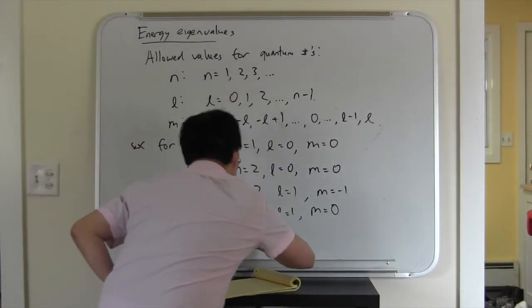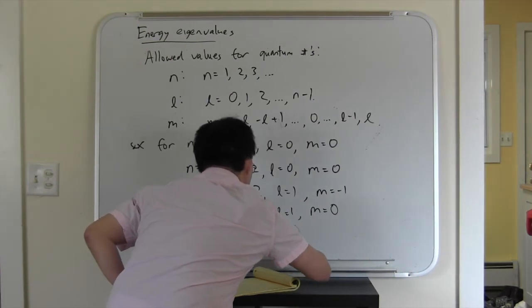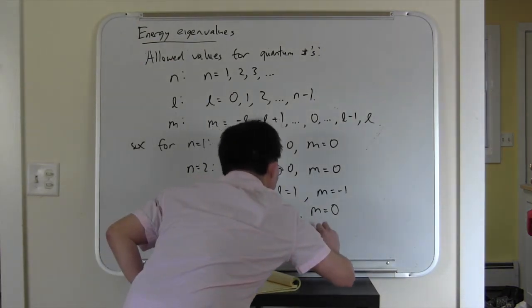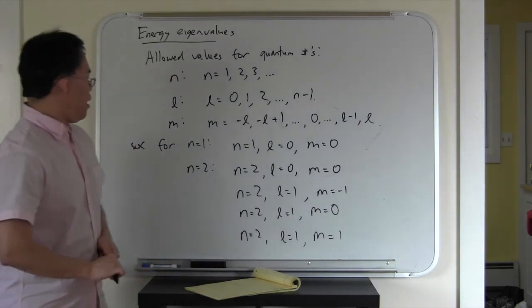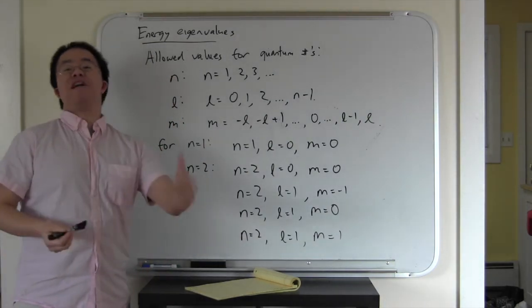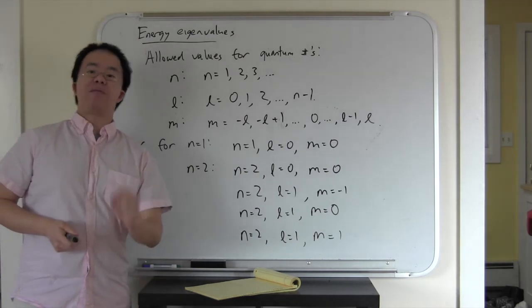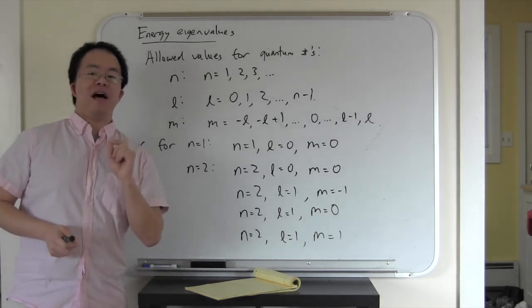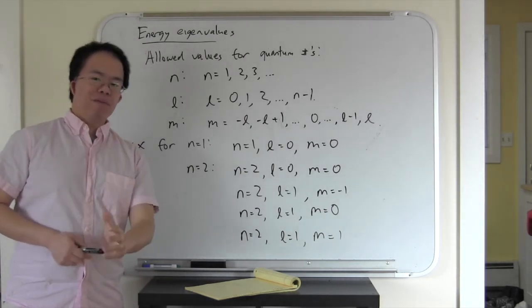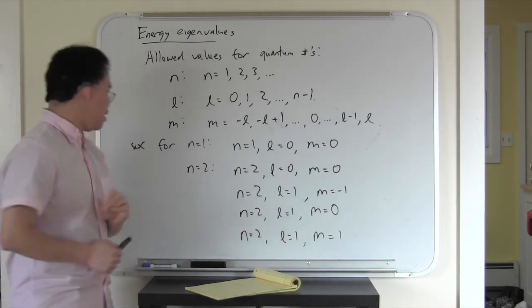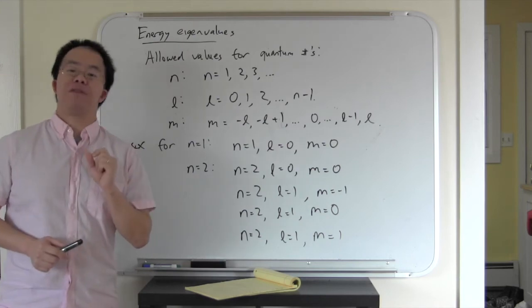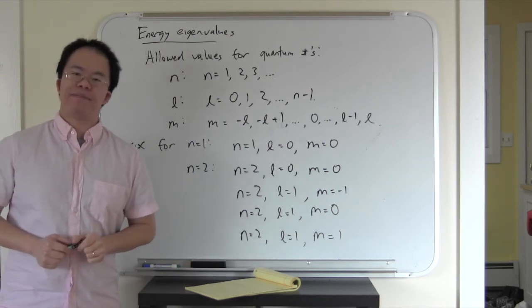And finally, n equals 2, L equals 1, and m equals plus 1. Okay, so I think you sort of see how this pattern goes. Just to be sure we're on the same page, let's now have you do a whiteboard exercise where you enumerate all the possible quantum numbers that have n equals 3. And then we'll come back.